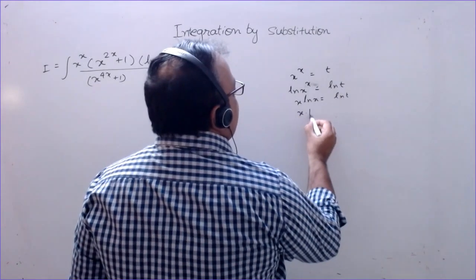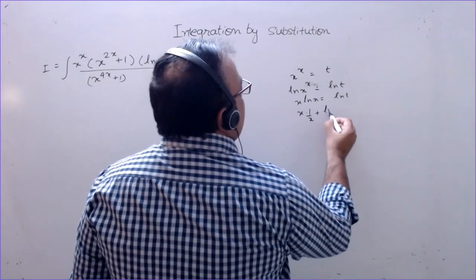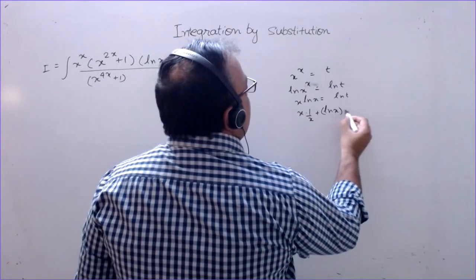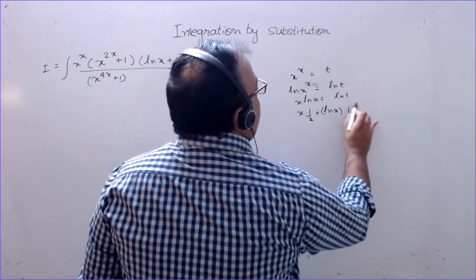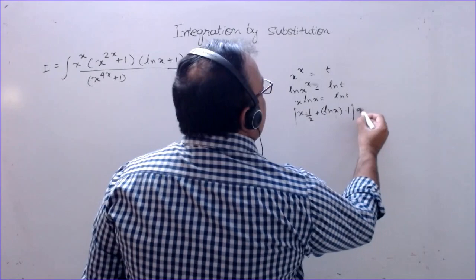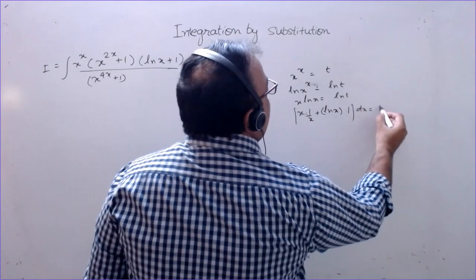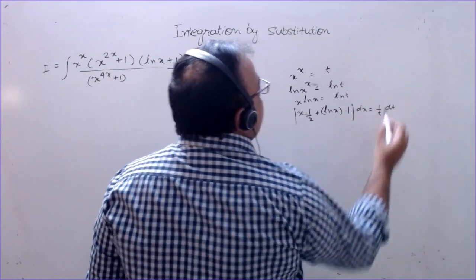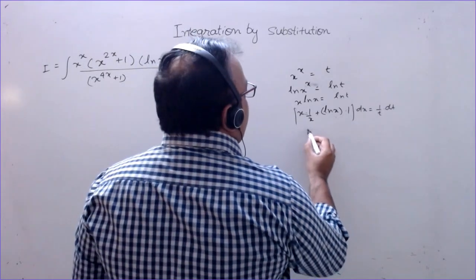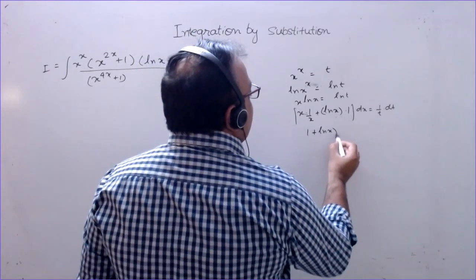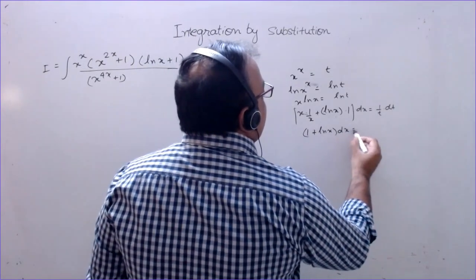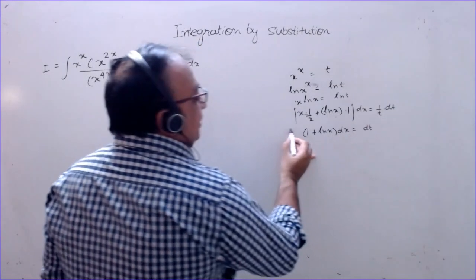Differentiating both sides, 1 plus log x dx is equal to 1 by t dt, or I can write 1 plus log x dx is equal to dt, with t multiplied on this side.